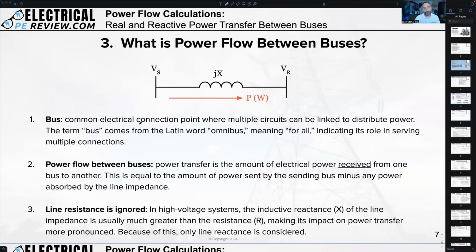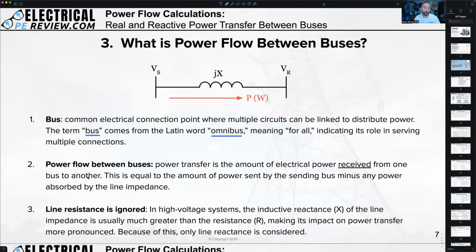A bus is a common electrical point where multiple circuits can be linked to distribute power. And I found this interesting: the term bus comes from the Latin word omnibus, meaning for all, right? Big, connecting everything. It's essentially a really large conductor where lots of other conductors connect.